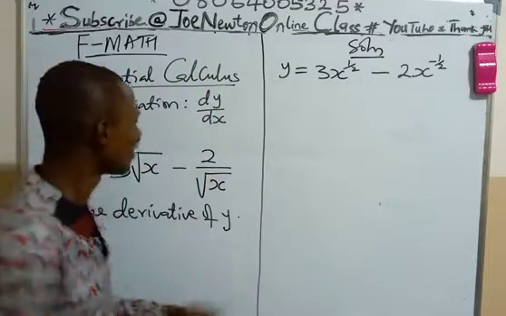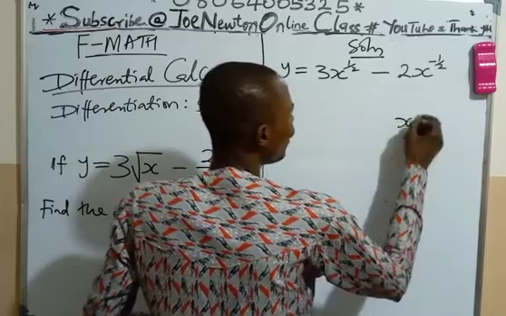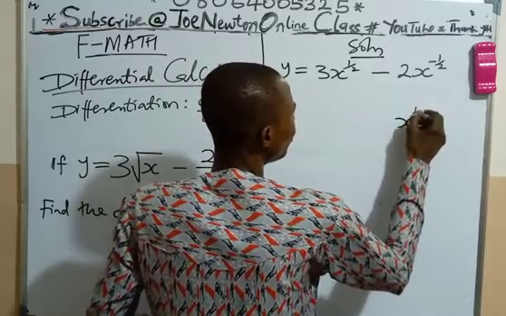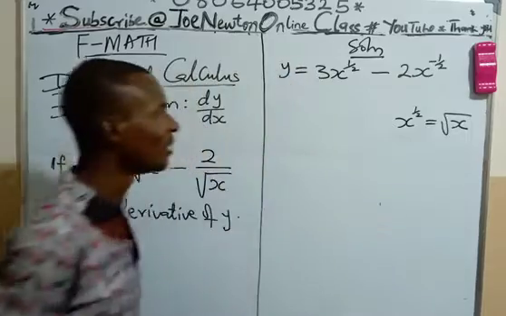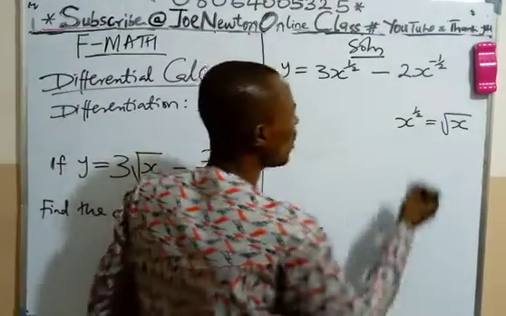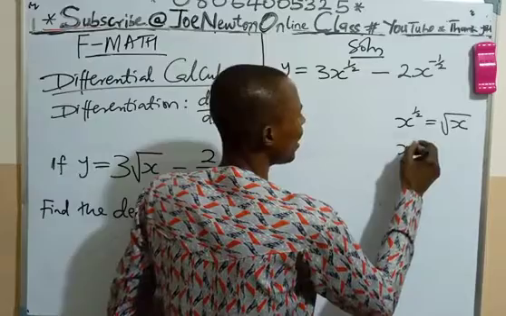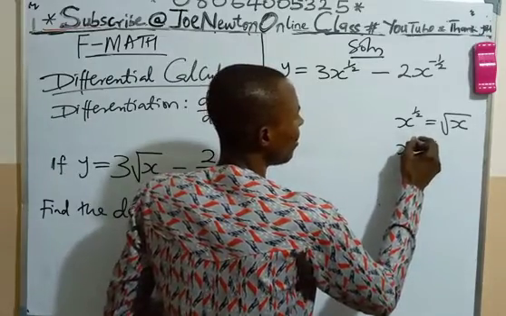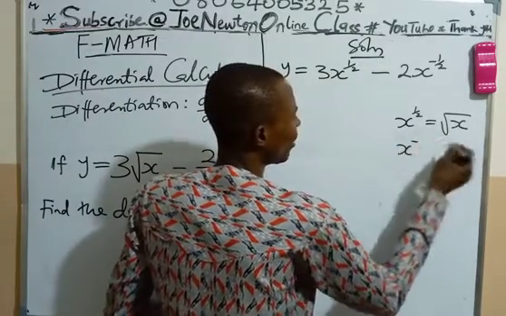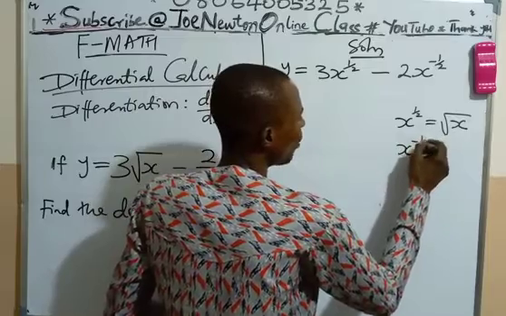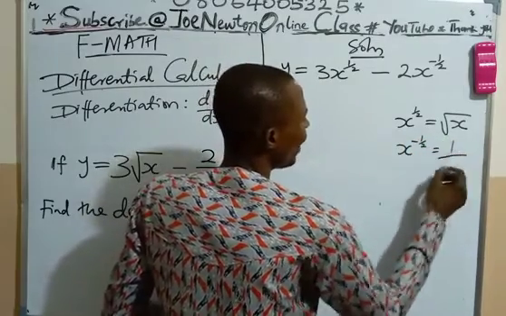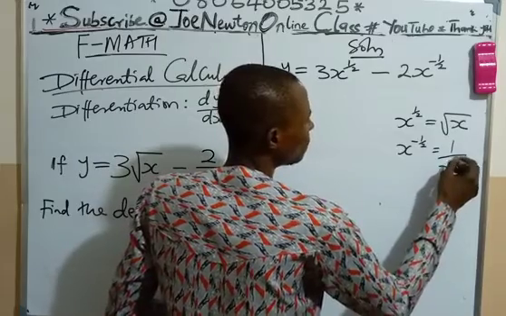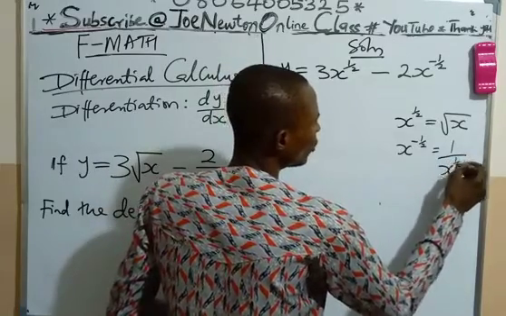How? It's very simple because from indices, if you have x raised to the power 1 over 2, it is the square root of x. And from indices as well, if you have x raised to the power minus 1 over 2, it is like having 1 over x raised to the power 1 over 2.